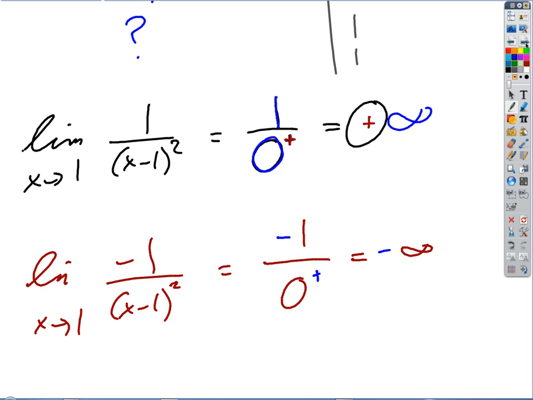All right, so let's move on with this crazy idea. What if we have instead something like this?